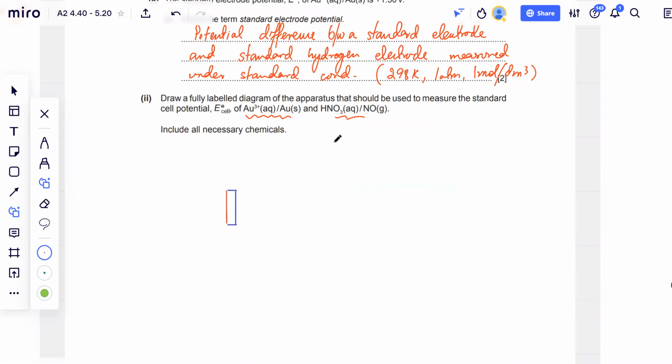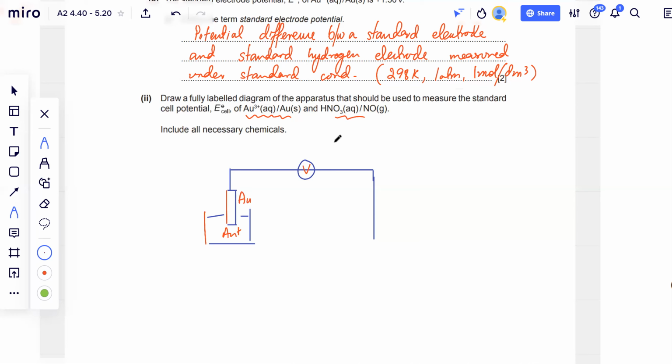so that's 1 electrode, and here's the other electrode, and the 2 electrodes would be connected with a wire. In the middle, there's going to be a voltmeter, V. This is your Au electrode, and in the solution there's going to be Au3+ ions.